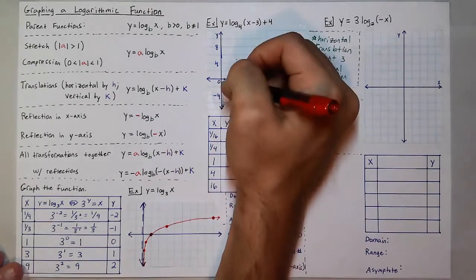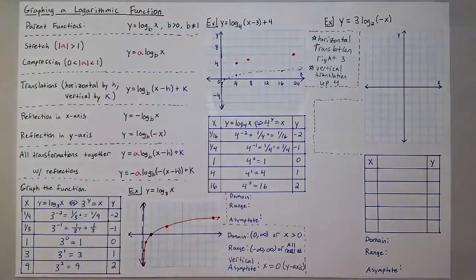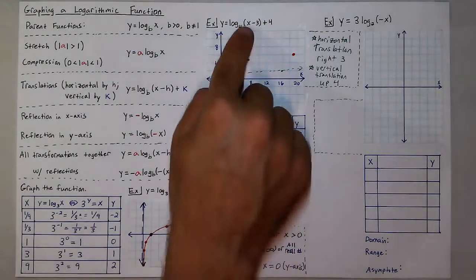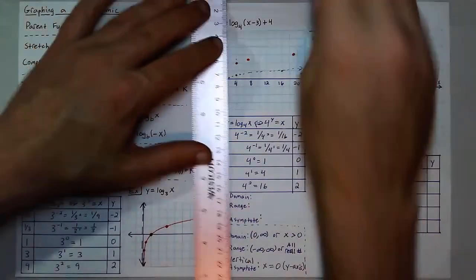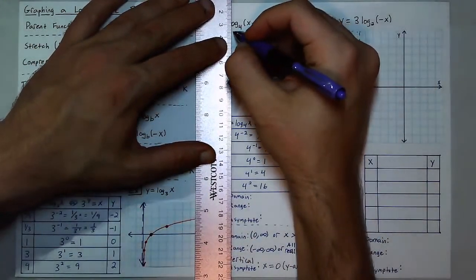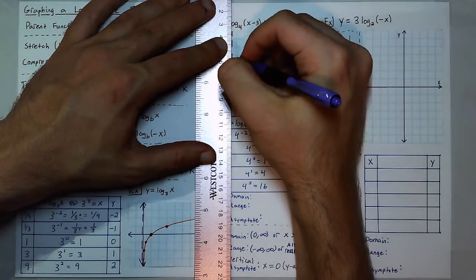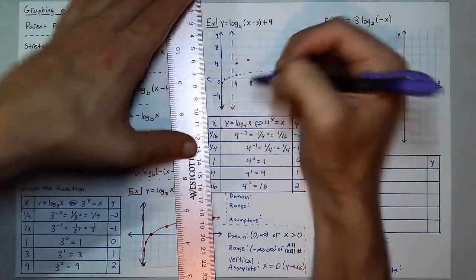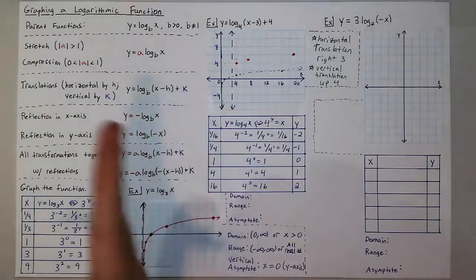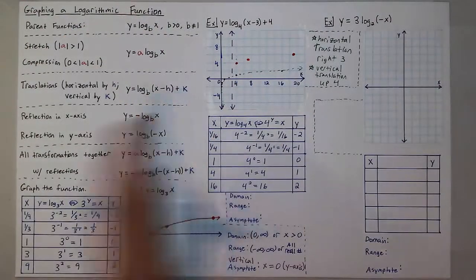And then those points are hugged up against an asymptote, which is normally at x equals 0, but since I've shifted right, that asymptote has moved over from 0, 3 to the right, to x equals 3. Because I've shifted my graph to the right, it goes from 0 to 3.